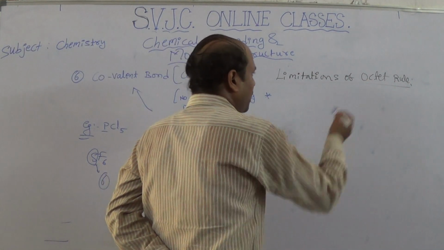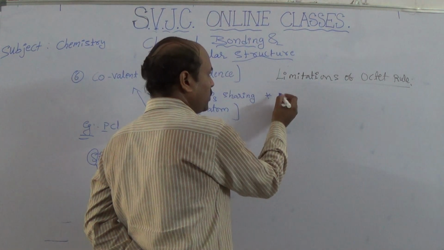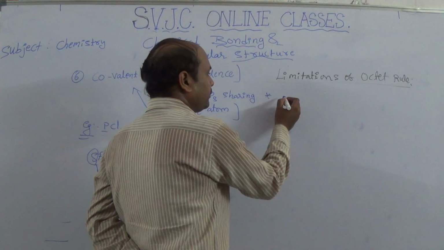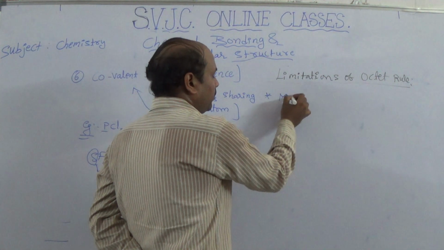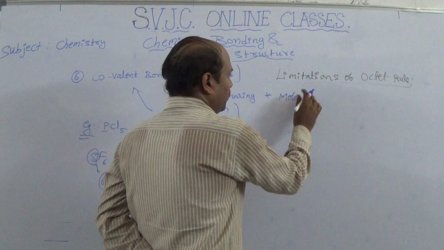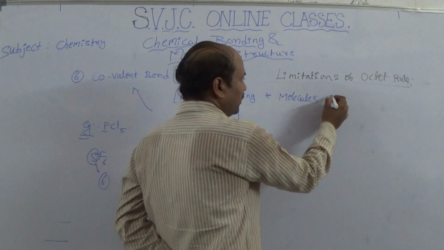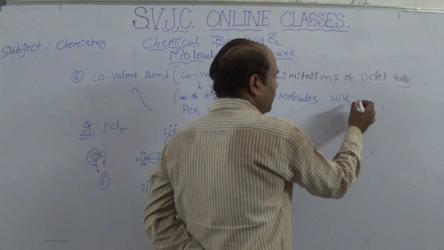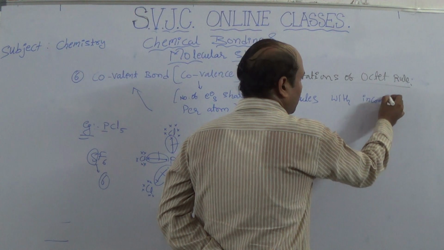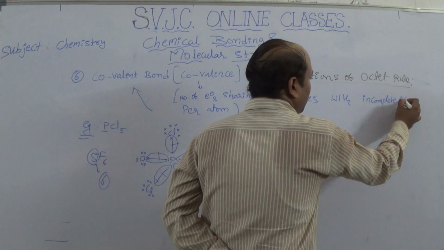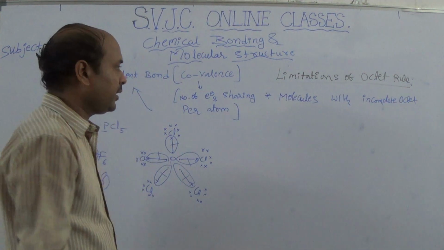Now, limitations of the octet rule. The first one is molecules with incomplete octet.